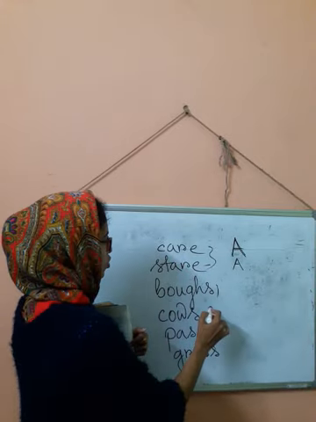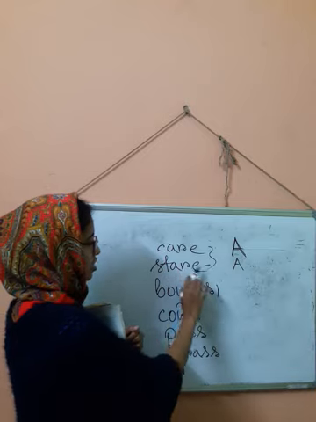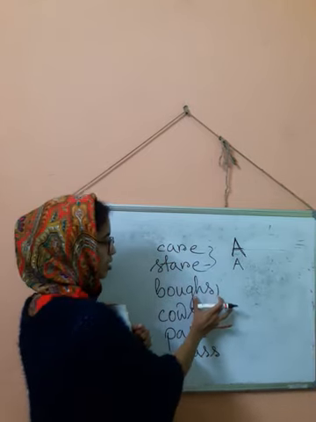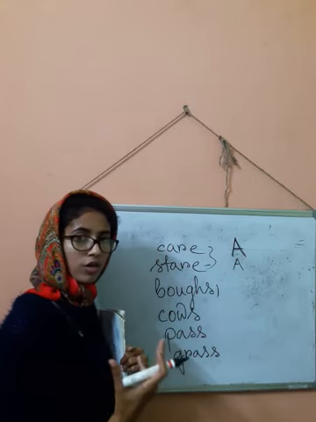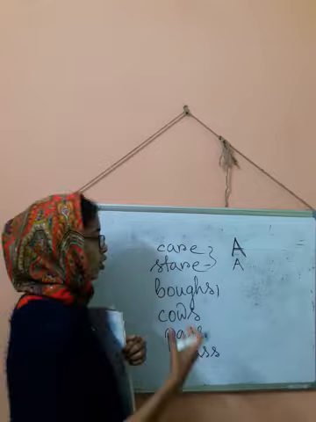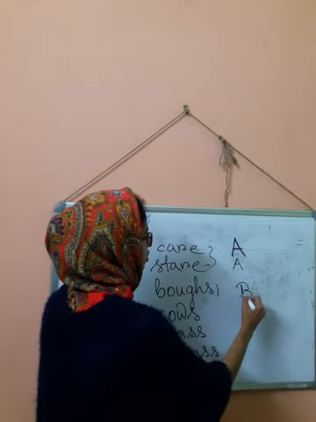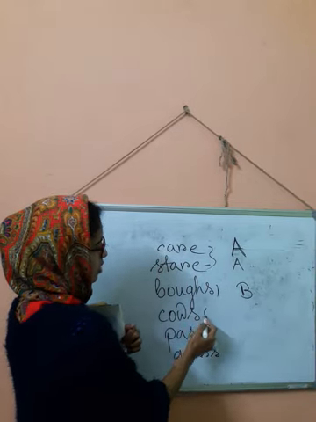Now see the next word, is it rhyming with these two words? Bows, stare, care, no similarity. So for this new sounding word, we will take another alphabet. After A, we will take obviously B. And bows, it is rhyming with cows.